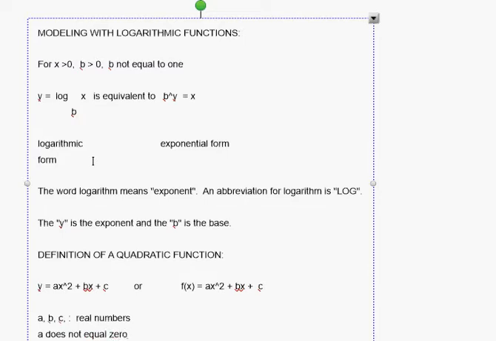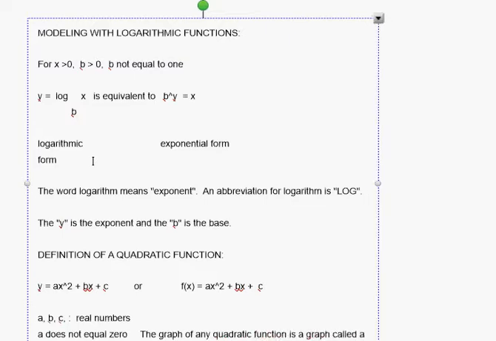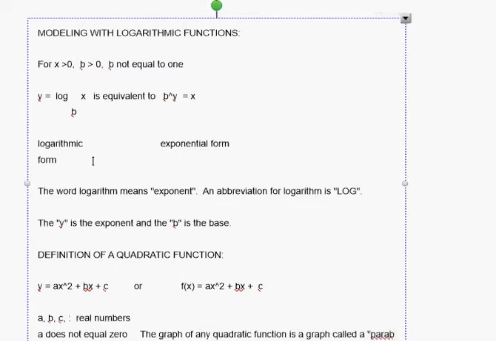Otherwise, we lose the second degree term. The graph of any quadratic function is a graph called a parabola.